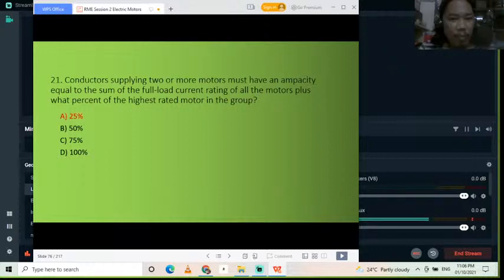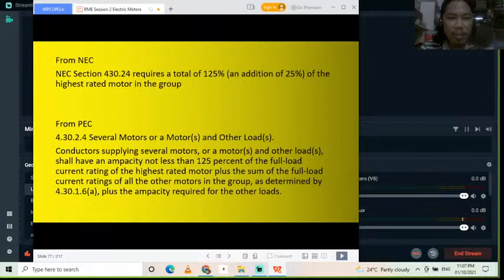Equal to the sum of the full load current rating of all the motors plus percent. Conductors supplying 2 or more motors must have an ampacity equal to the sum of the full load current rating of all the motors plus what percent of the highest rated motor in the group. So, 25%. Or pagdating sa Philippine Electrical Code, 1.25 times yung highest rated motor natin. So, ito rin po yung nakasulat kanina sa nauna.